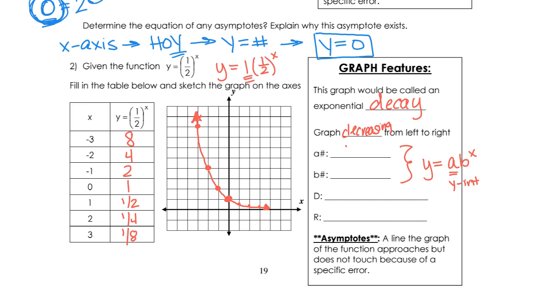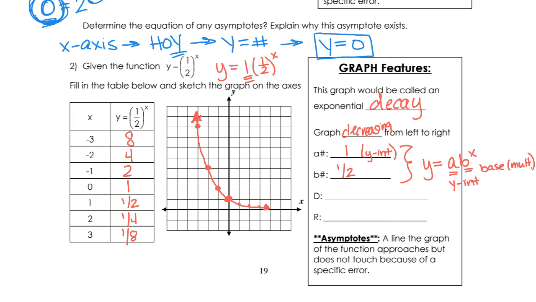So our a number is a 1, and again, that's our y-intercept. Our b value is our multiplier, and you're going to see that we're not multiplying by 2 this time. We're multiplying by a half to get it to decrease. And so our b number, which is also known as our base or our multiplier, is 1/2.